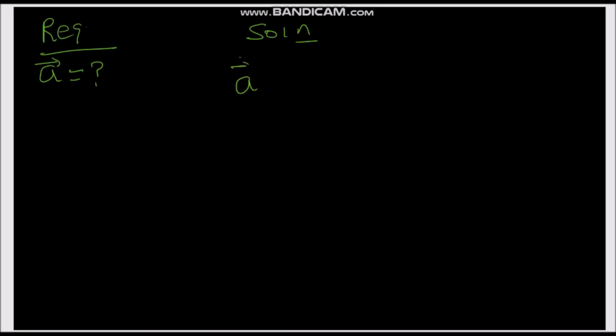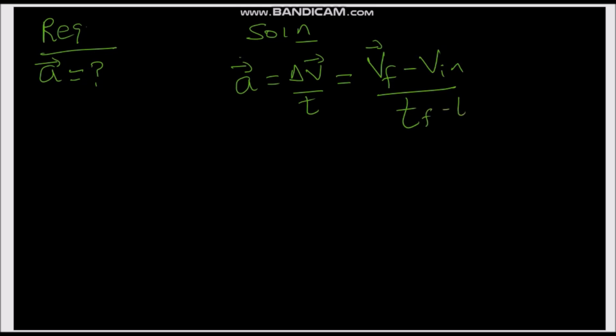We know that the acceleration is the change in velocity per time, which is equal to v final minus v initial over t final minus t initial.